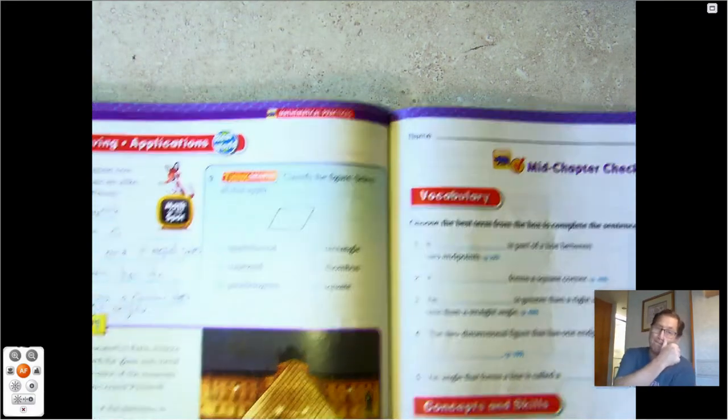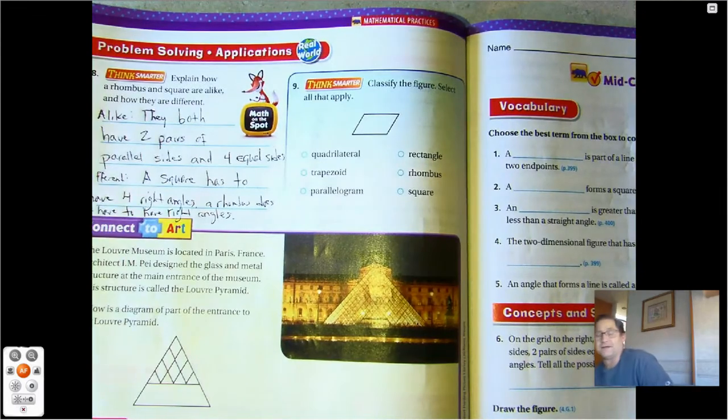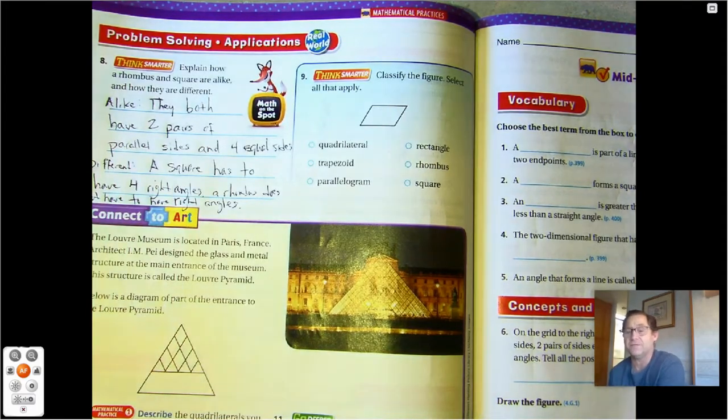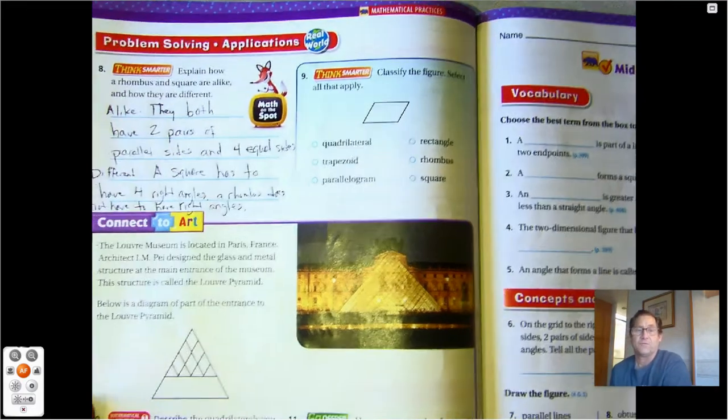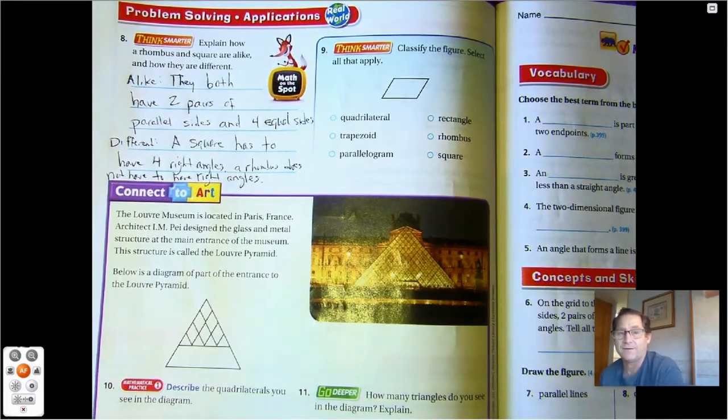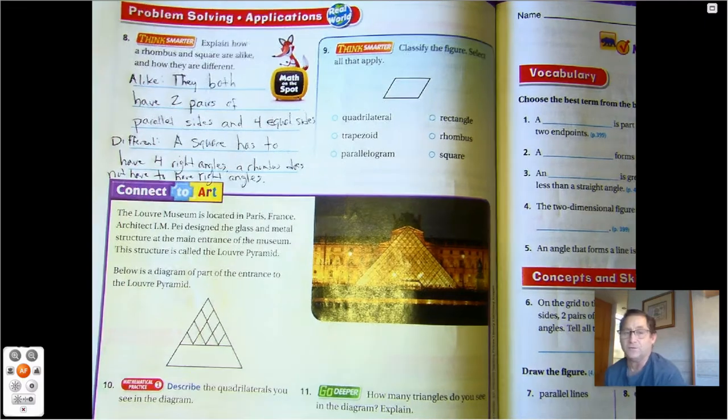A square is called a rhombus because it has four equal sides. It meets the definition of a rhombus. It has two pairs of parallel sides, and it has four equal sides. But a rhombus isn't always necessarily a square if it doesn't have right angles.